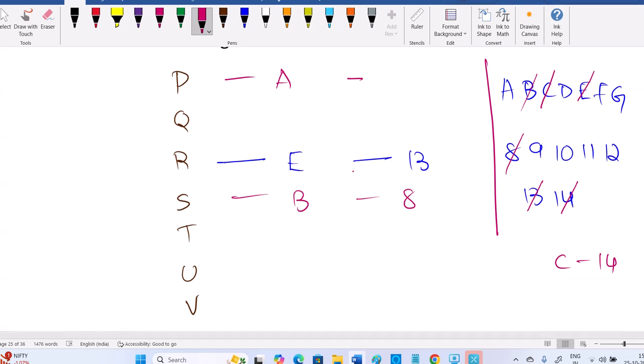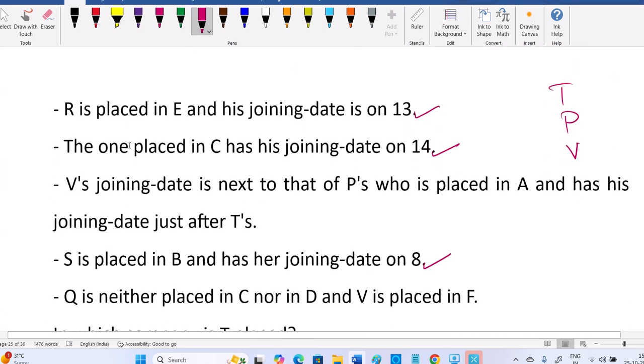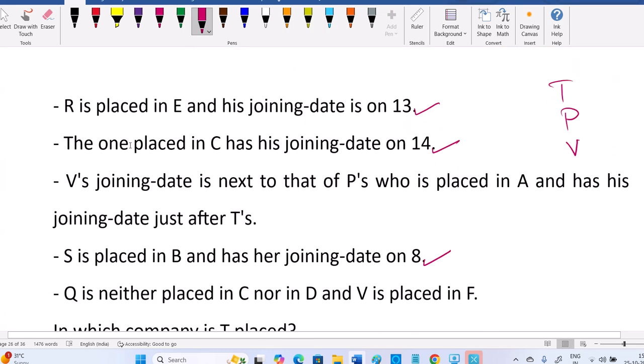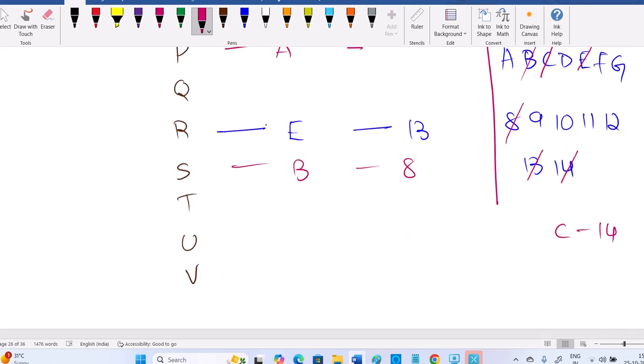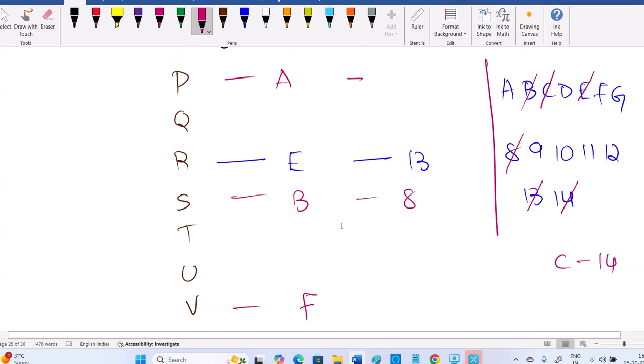10, 11, 12 is also possible. Fine, agreed. Sorry: 9, 10, 11 and 10, 11, 12, both possible. Then we'll wait and check that. Q is neither placed in C nor D. V is placed in F. Yes, C is 14th, right?